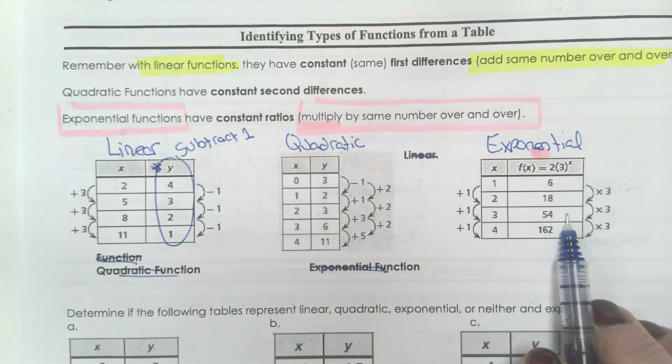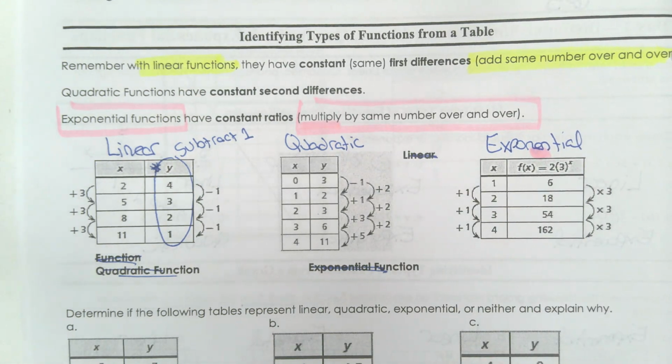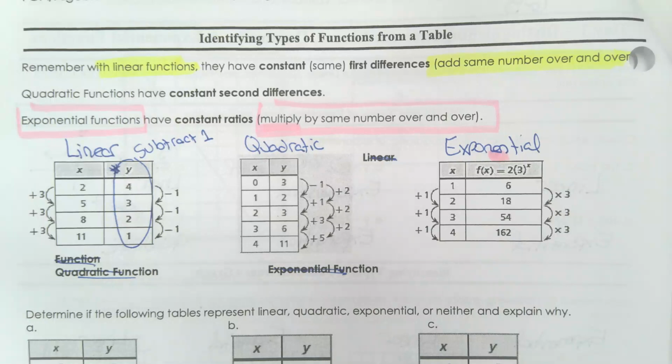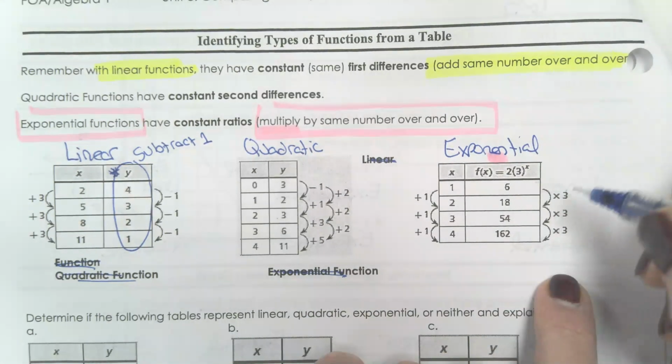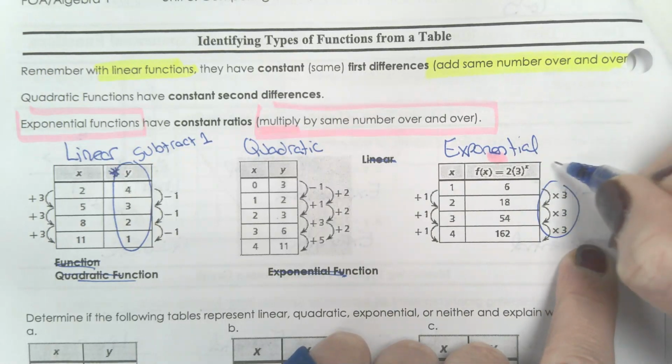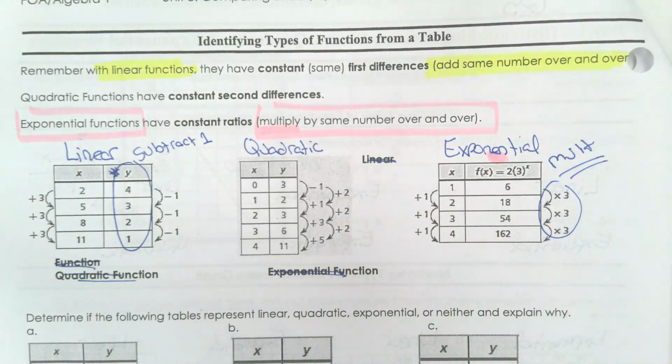And either in my head or my calculator, I went 18 times 3, yep, 54. 54 times 3 is 162. And so I can tell that this is an exponential function because I am multiplying to get to the next y value.